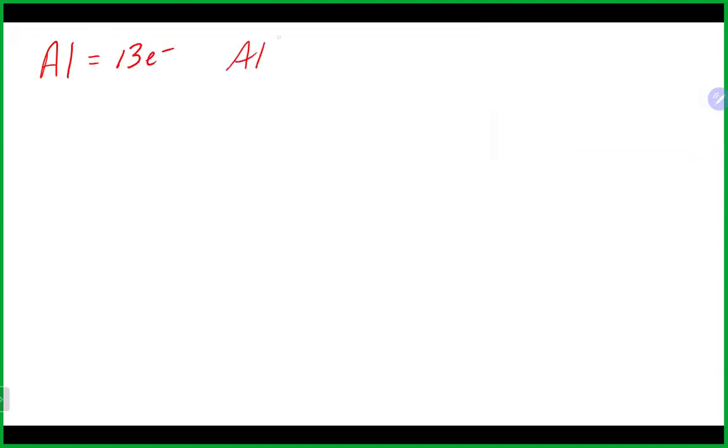Aluminum will typically make a +3 charge, which means how many electrons should that guy have? Plus means I gained or lost electrons. And how many did I lose in this case? The number is 3. So if neutral has 13, the one with +3 should have 10 electrons.